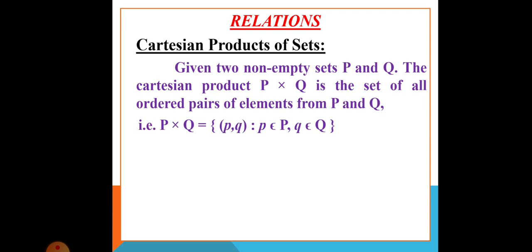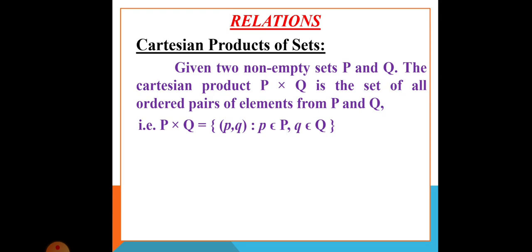Given two non-empty sets P and Q, the Cartesian product is denoted by P cross Q and it is defined as the set of all ordered pairs of elements from P and Q. That is, P cross Q is equal to the set of all ordered pairs (p, q) such that p belongs to P and q belongs to Q. (p, q) is the ordered pair.